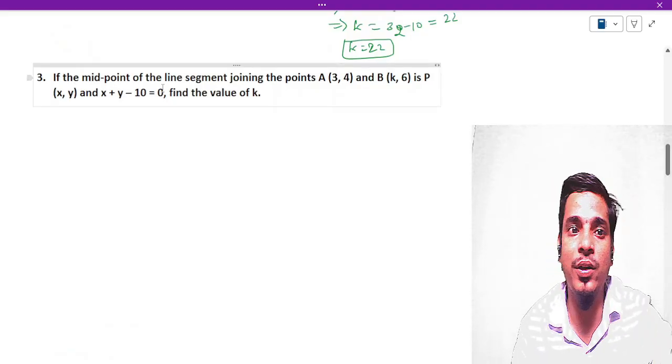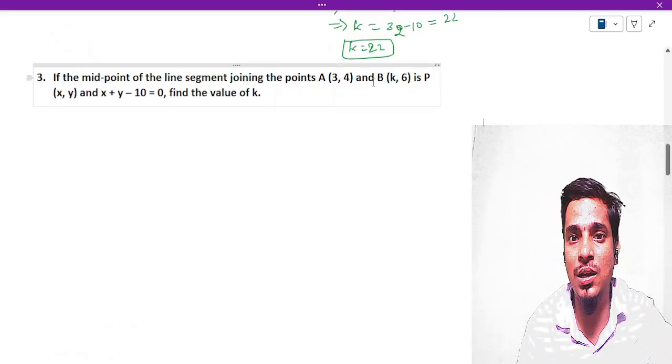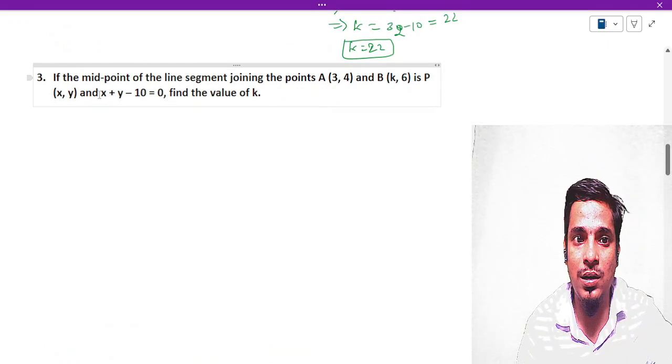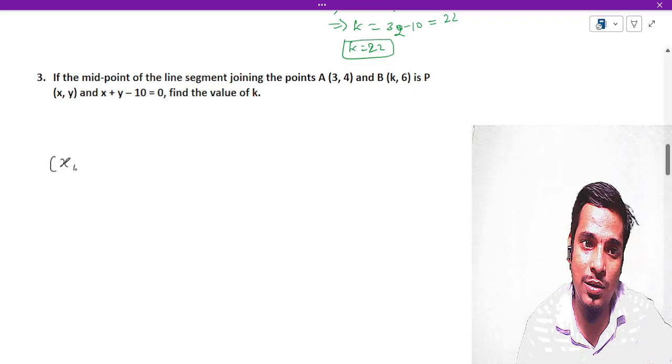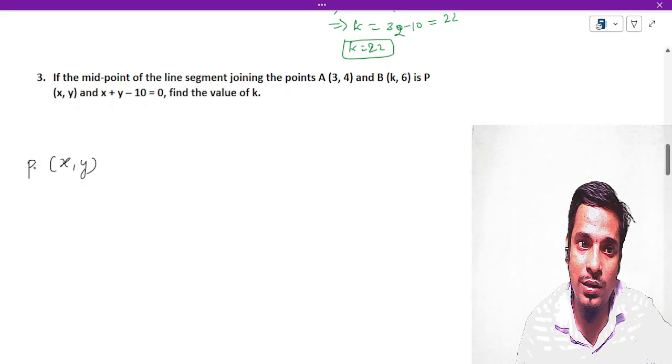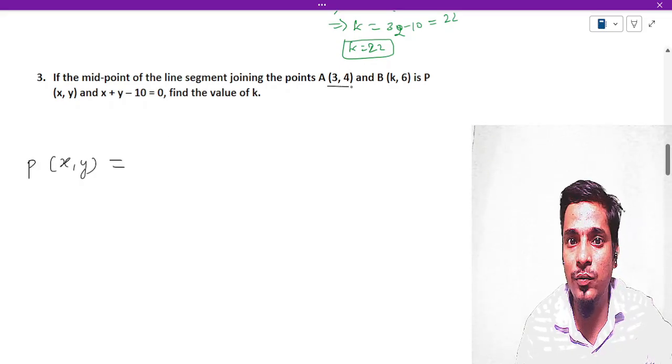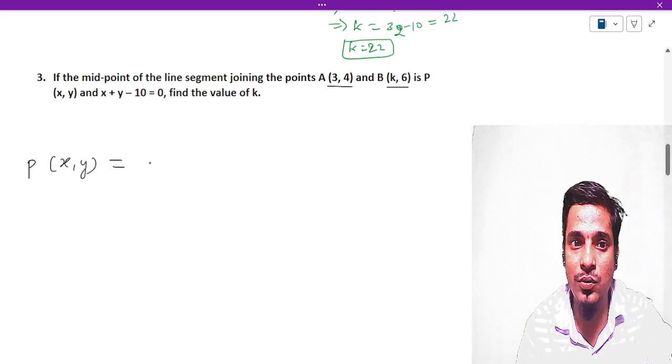So same way over here, the midpoint of the line segment A and B is P, and we have been given this condition, and we need to find the value of k. So P, x comma y, is equal to what? The midpoint of these two, right? It means the sum of x coordinates divided by 2.